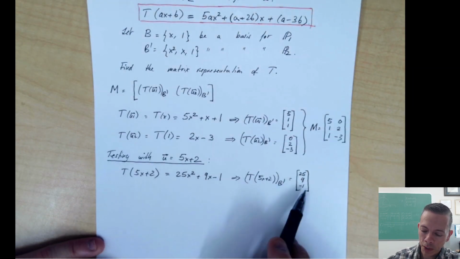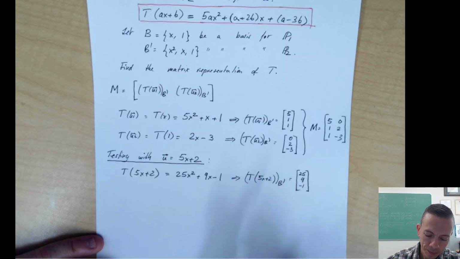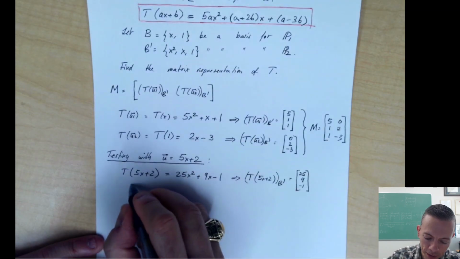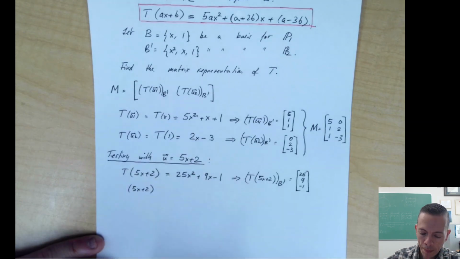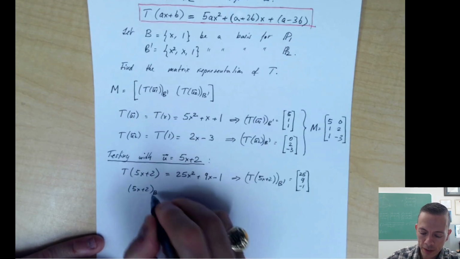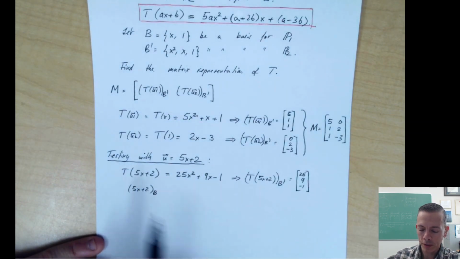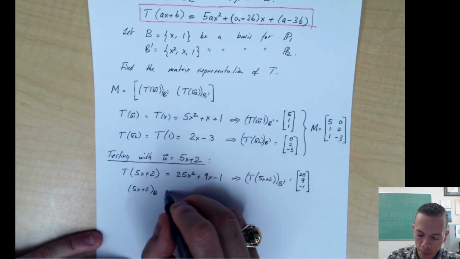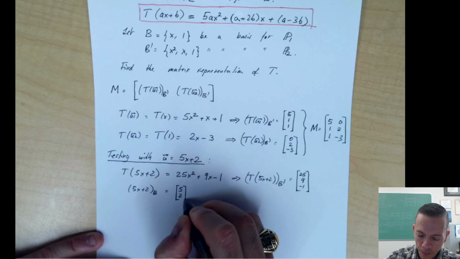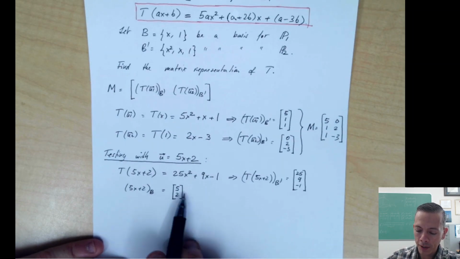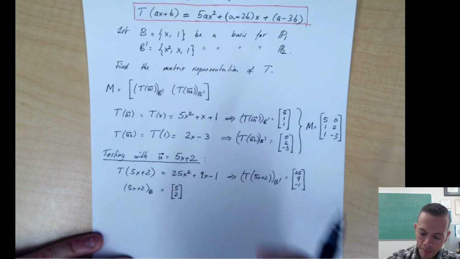So now we'll see if we can obtain the same vector by first taking the vector 5x plus 2 and writing its coordinate vector relative to B, which is the vector 5, 2. And now left multiplying this by our matrix M.